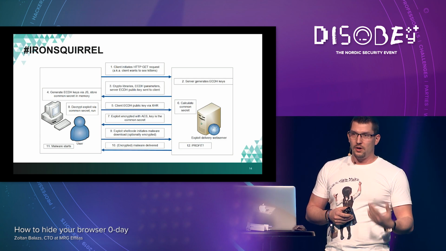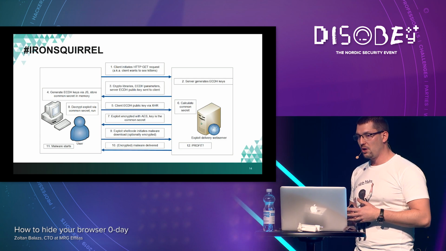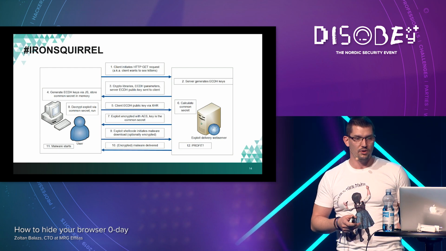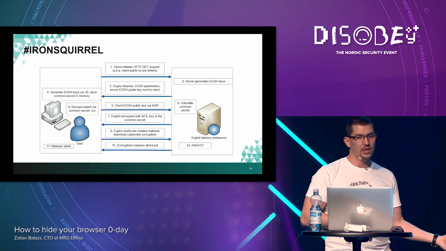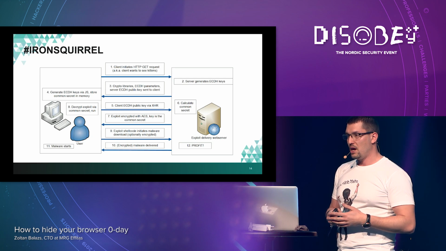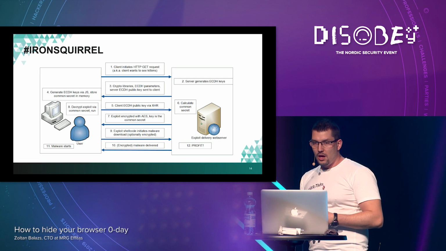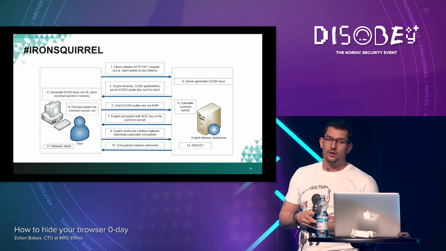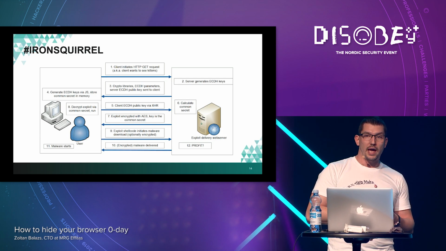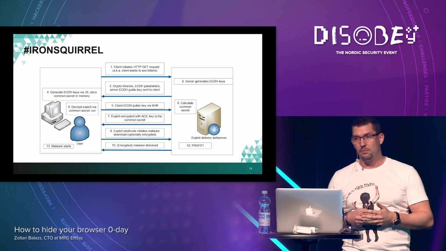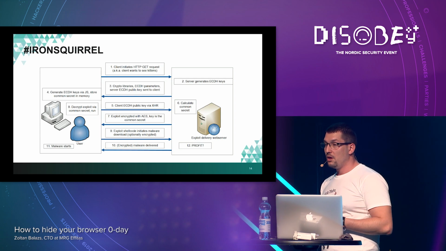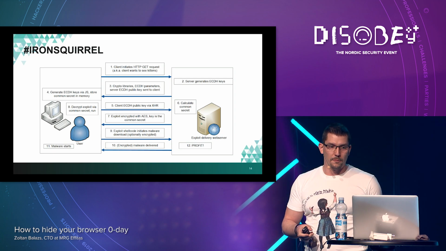As with every web communication, first the client has to start communication with the web server, so it sends an HTTP request to the server. Now the server will generate the elliptic curve Diffie-Hellman keys, and it will send the elliptic curve Diffie-Hellman parameters and the public key part of what it just generated, together with some crypto libraries, to the victim's browser.